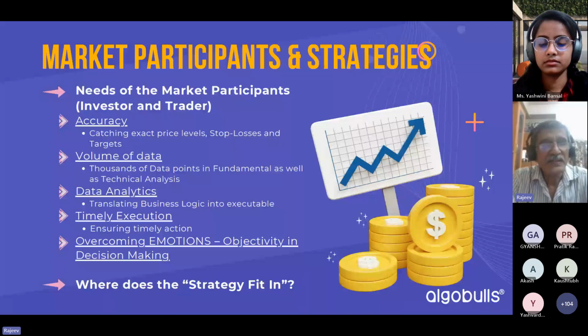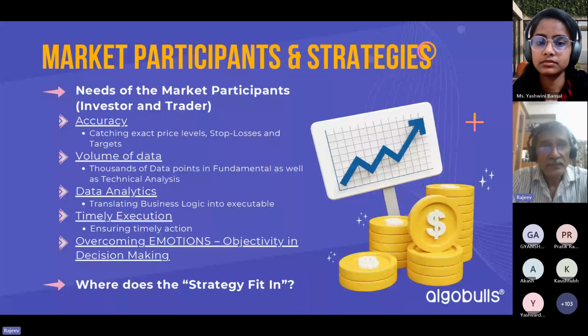So there is greed and fear you would have heard about when you hear the commentators about investment. There is a greed and there is a fear. These are the human emotions which cause problems, which hamper the decision making process of human beings. So these are the needs of the market participants.